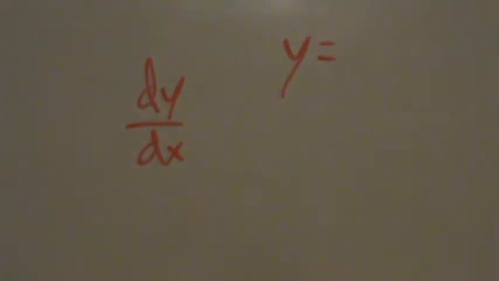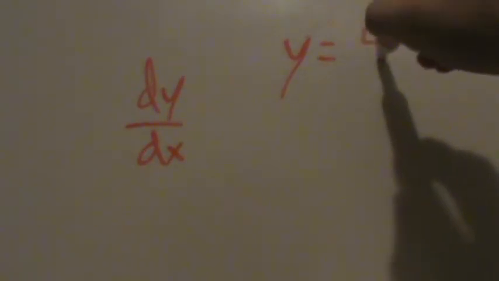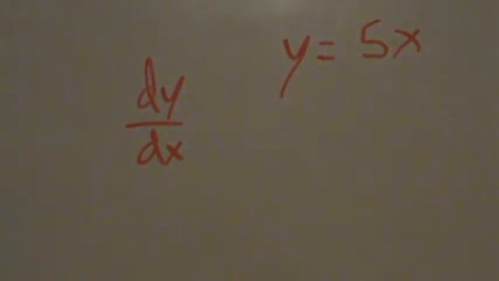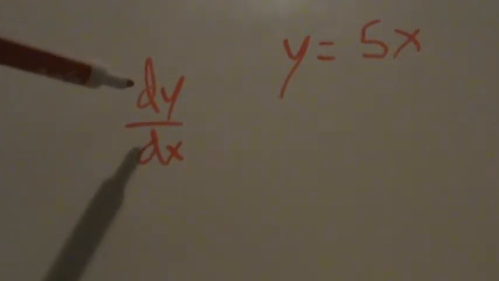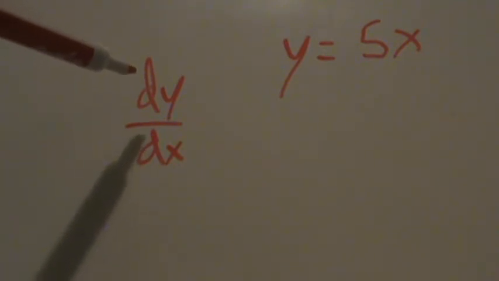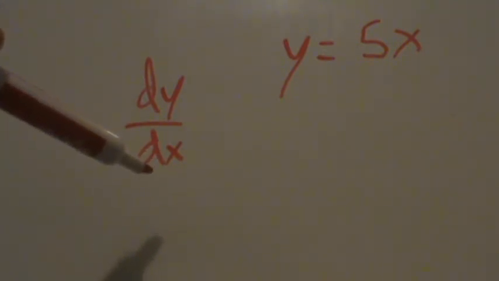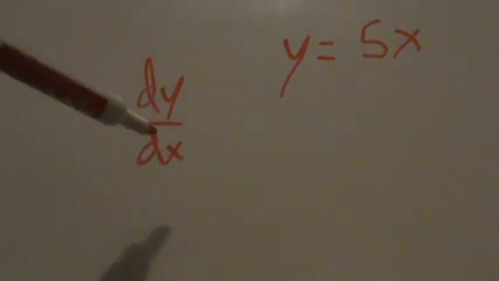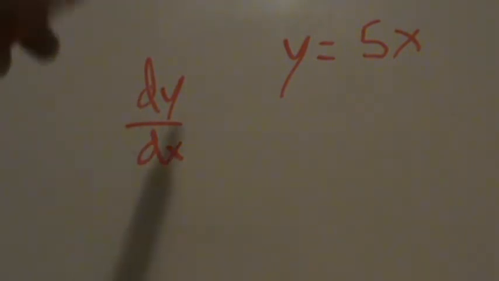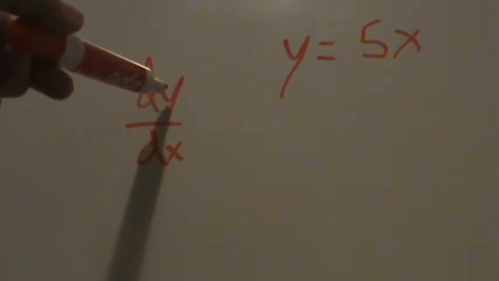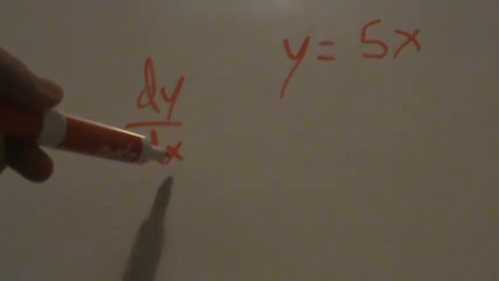This says that we have some function y, let's say y is equal to something like 5x. We're taking the derivative of the function with respect to x, with the function being in terms of y. So y is your dependent variable and x is your independent variable.